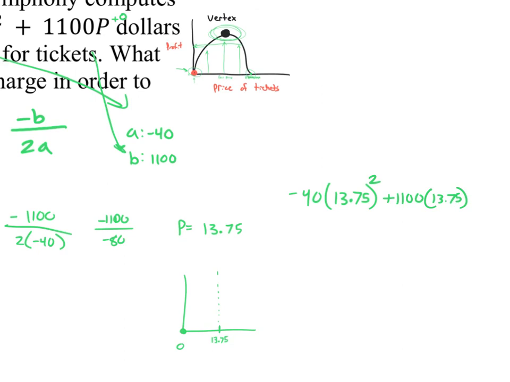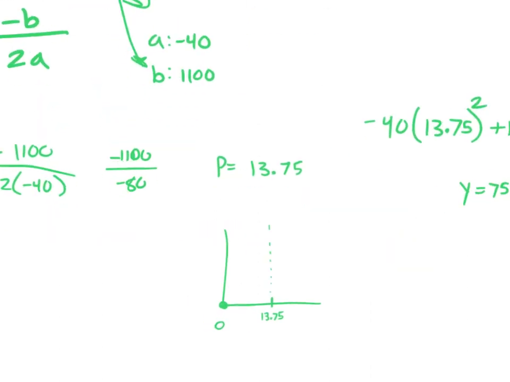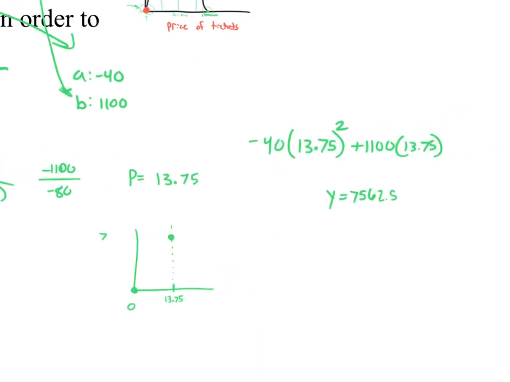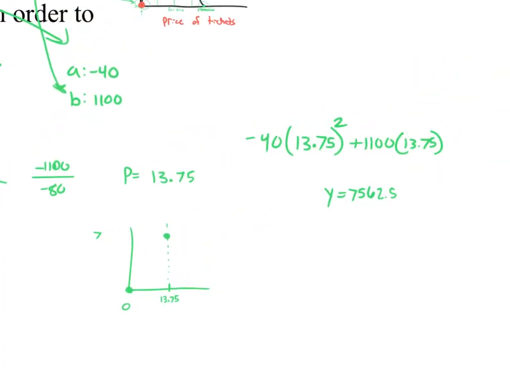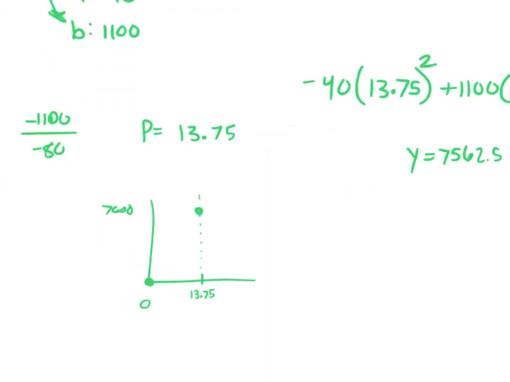I'm typing it in. 7,562.5. So they're up here at somewhere around 7,600. That's roughly kind of where there will be.